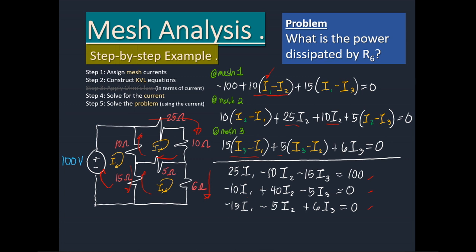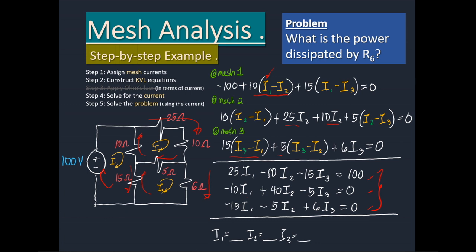Even a single wrong negative sign will make your answer incorrect. Then using any numerical method, such as the substitution method or elimination method, you can derive I1, I2, I3, because this is 3 equations with 3 unknowns. So you can solve directly for I1, I2, and I3.